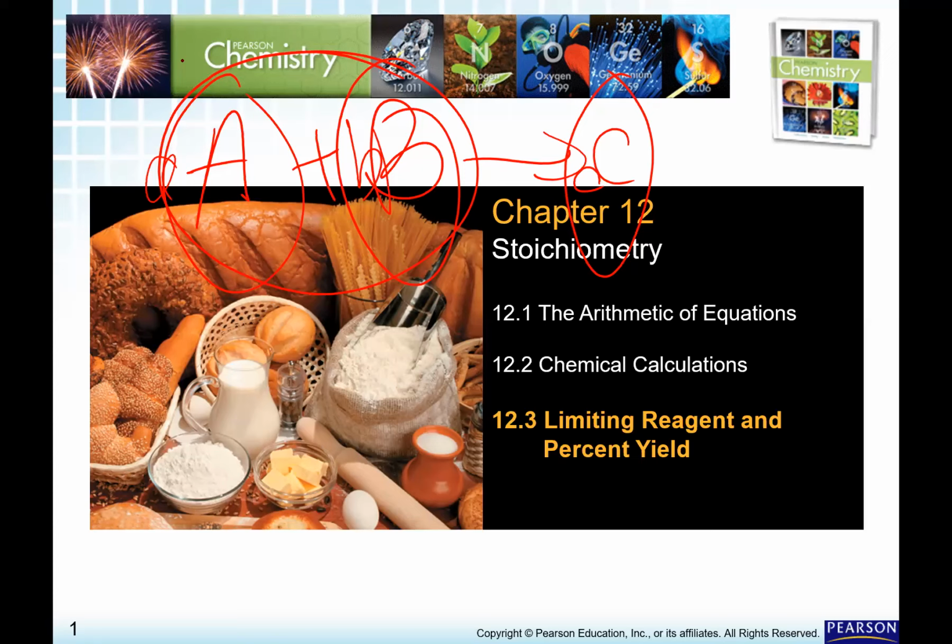But when we have two or more reactants reacting with each other, one of them will be consumed first. The one consumed first is the one which will stop the reaction. That's why we call it the limiting reagent, the one that limits the reaction from continuing.